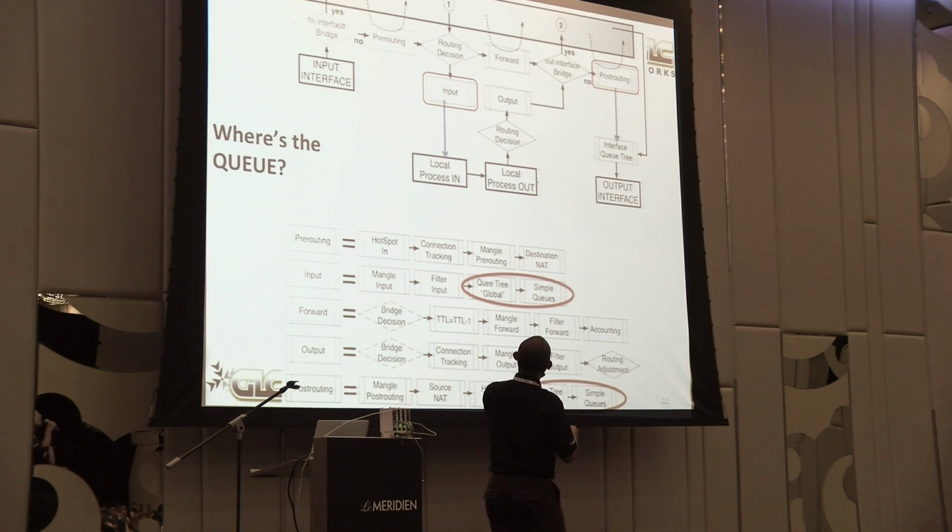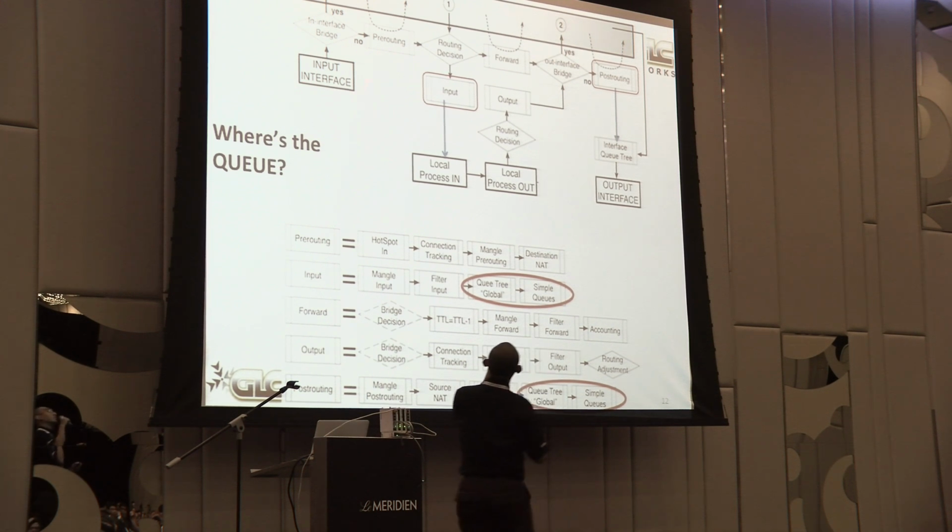In MikroTik bandwidth management, we queue the packets on these two chains, post routing and input. We have 5 chains here: first is pre-routing, second is forward, then input, output, and post routing.